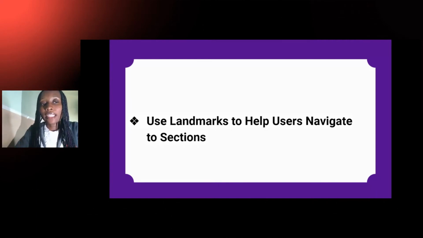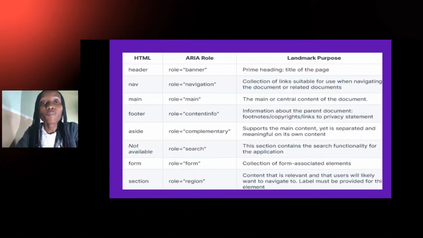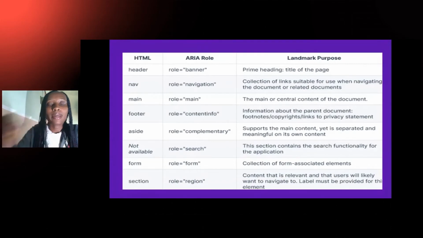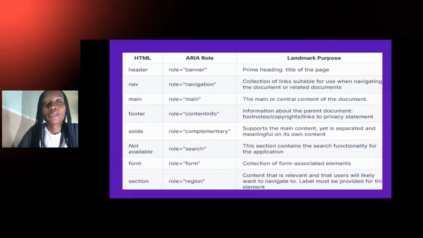In terms of landmarks, we talk about using semantic HTML5 elements and also Accessible Rich Internet Applications, that's ARIA, roles. Here I have a table describing the important semantic HTML elements and ARIA roles that we have to consider when building applications.